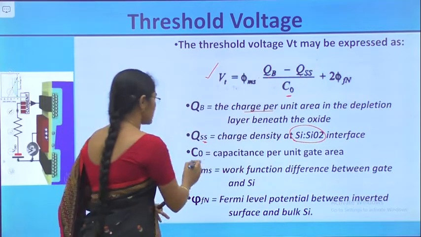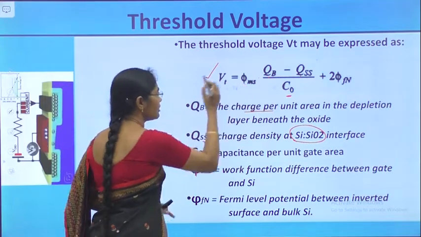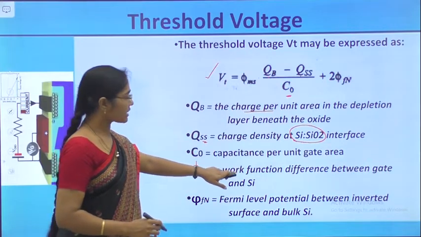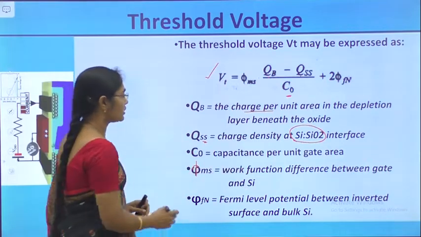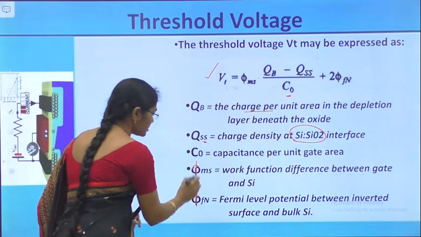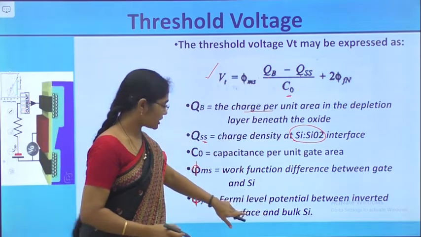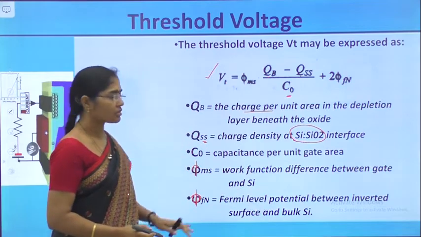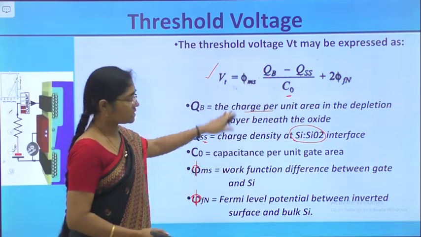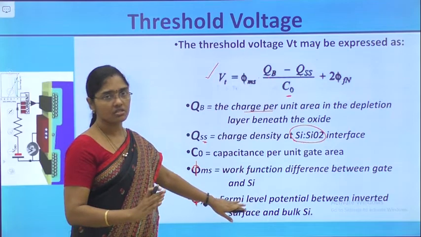Phi ms is the work function difference between gate and silicon, and phi Fn is the Fermi level potential between the inverted surface and the bulk silicon. All these define the material properties.